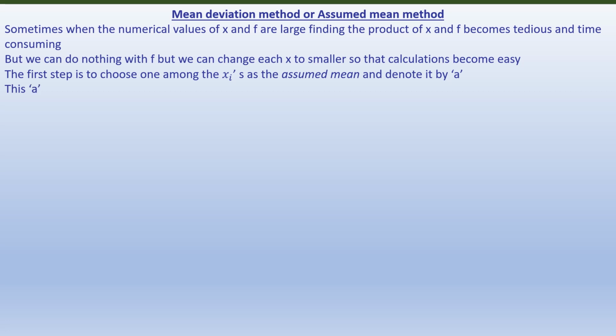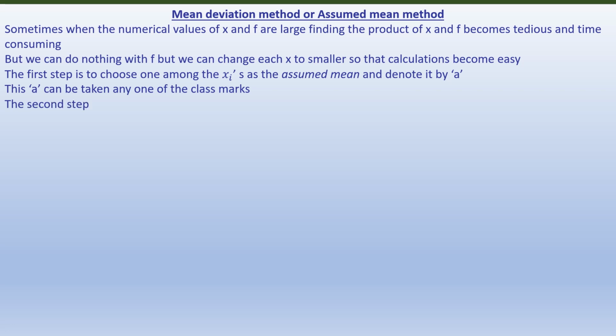Very important: any one of the class marks can be taken as assumed mean. It is not necessary that the middle one, the first one, or the last one is taken.